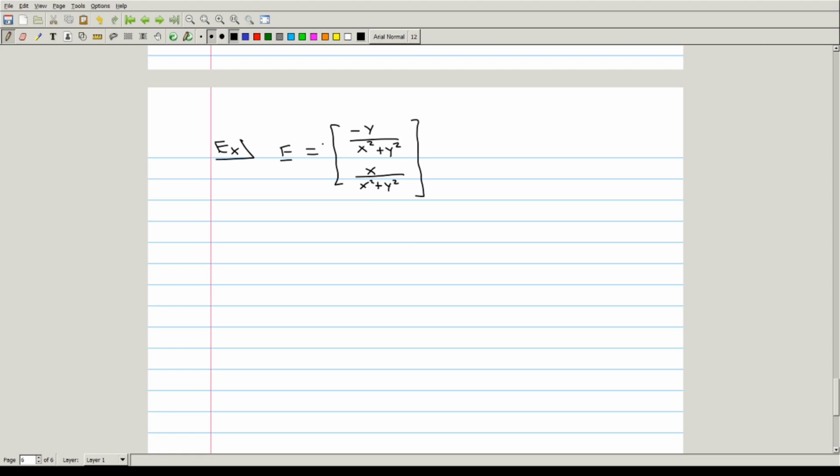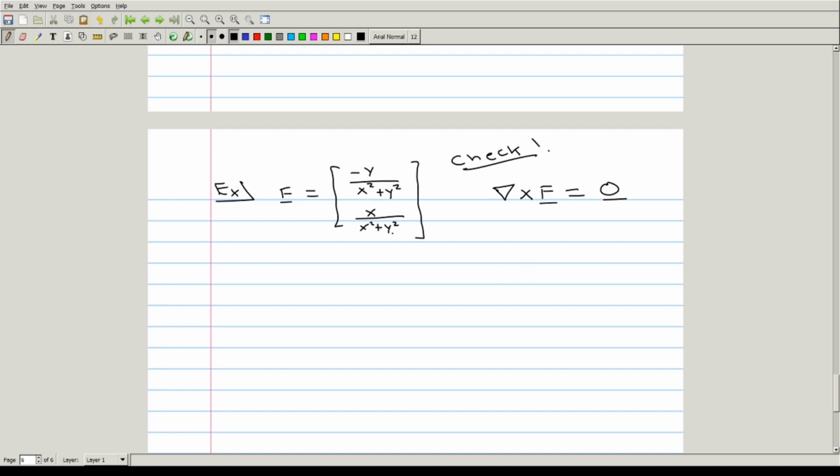One of our main things to look at here is the curl of the vector field f. And sure enough, if you take the curl of this vector field, you're going to get that it's equal to 0. It's always important to look at the curl and the divergence of a given vector field. So you want to go through and check this calculation right here. I'm not going to do it, but it is similar to some of the homework problems.